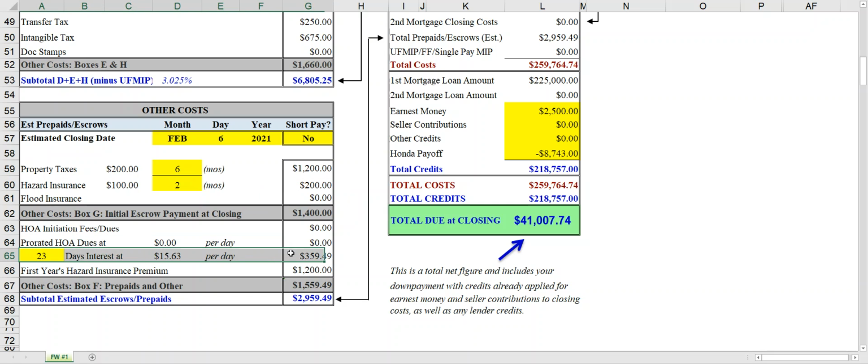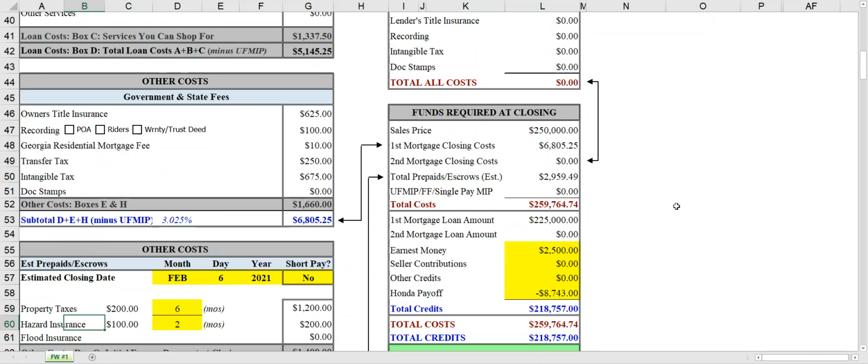Our per diem interest here is based on our loan amount, interest rate, and closing date. So as we finalize that, this would be updated. And then we pay our first year of hazard insurance up front at closing. Note that hazard insurance and homeowner's insurance are interchangeable terms.